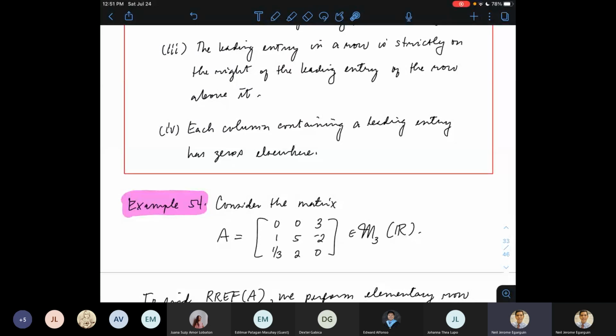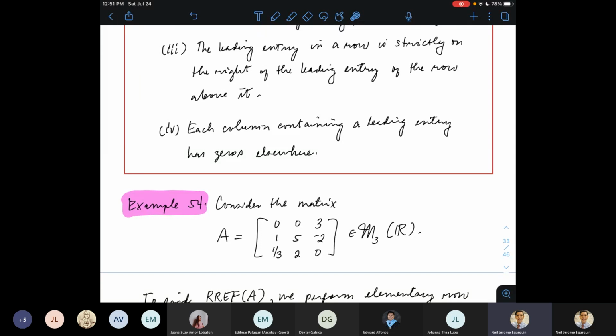Okay? So those are the criteria for checking if your matrix is in reduced row echelon form. A result in linear algebra tells us na unique dapat yung RREF ng isang matrix. So kaya nagsettle ako to use RREF because we could have used simply the row echelon form. Pero kasi hindi unique yung row echelon form. So para uniform yung makuha nating results, I opted to use RREF in our discussions.